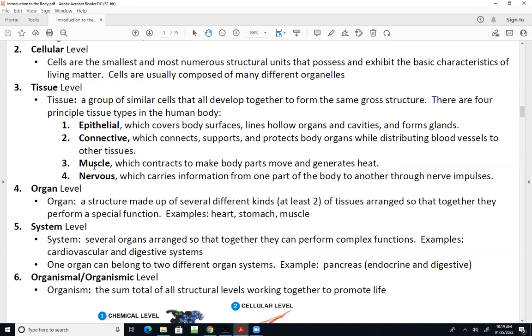Those are skeletal muscles that move our body parts. But we've also got muscle internally, like in our stomach, to help us digest our food. Our heart is essentially a muscle that helps us pump our blood. And then nervous tissue is the most complex, but it carries information from one part of the body to another through nerve impulses. And this is what makes up our brain and spinal cord.